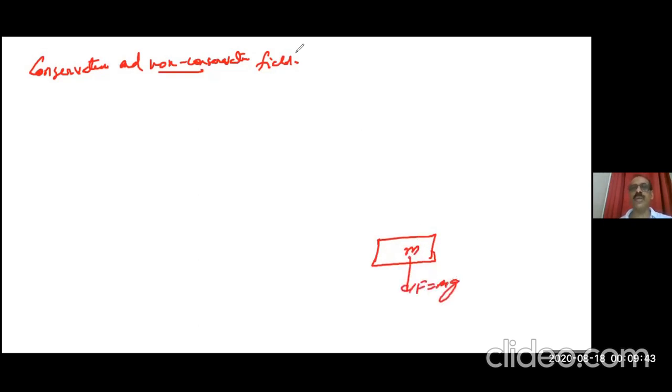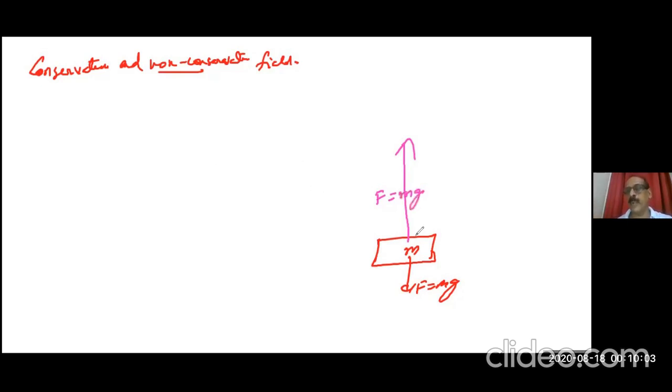If you want to lift this object to a height h without acceleration, how much force do you have to exert? mg.